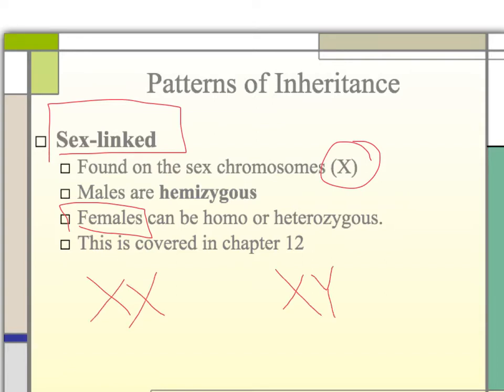So females can be homozygous or heterozygous for that genetic disorder, whereas males are hemizygous, meaning they only have one possible chromosome from which they can get the good or bad copy. So we generally see this expressed more in males than females, and we will talk about this in more detail in Chapter 12.